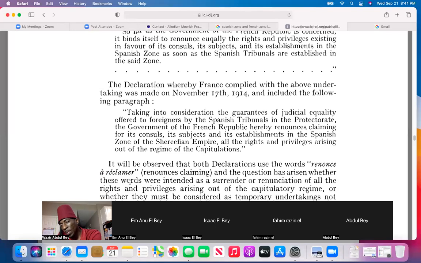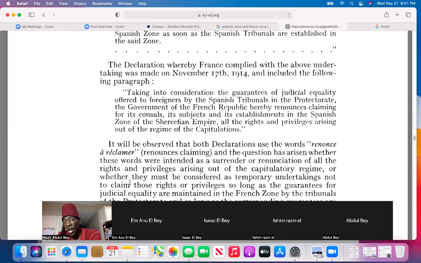It will be observed that both declarations use the words renonce à réclamer, renounces claiming.